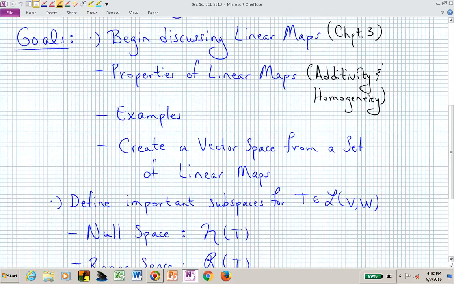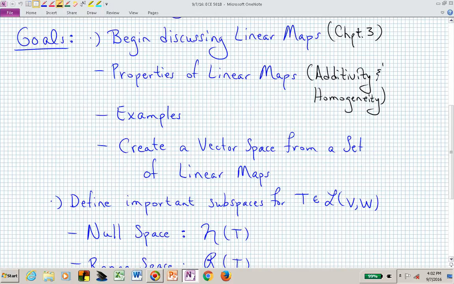Now we can talk about mappings between vector spaces. We'll give some properties. These linear maps have two main properties, additivity and homogeneity. It's like addition and scalar multiplication with our vector spaces, but now this pertains to linear maps. We'll look at some examples.